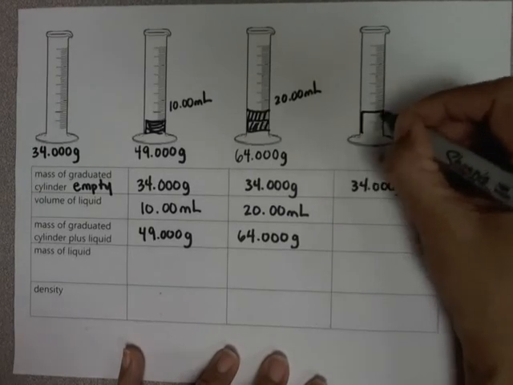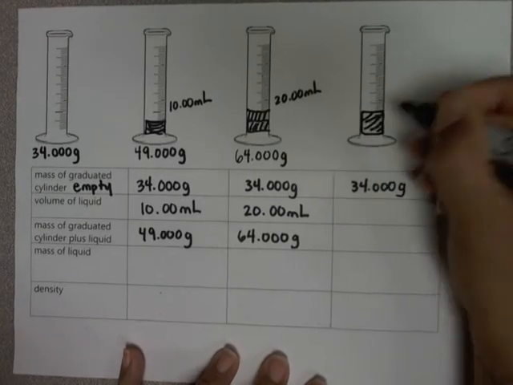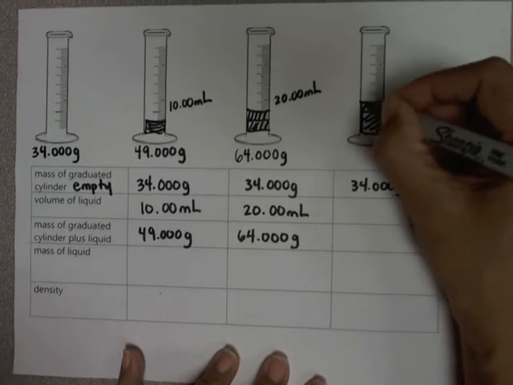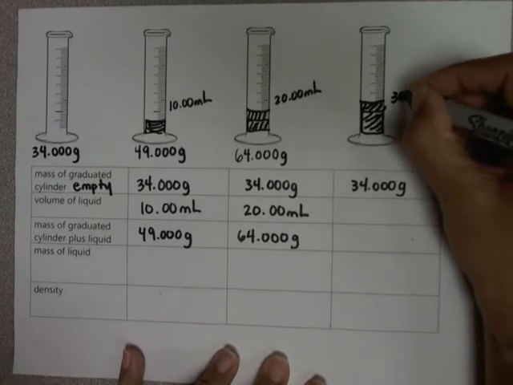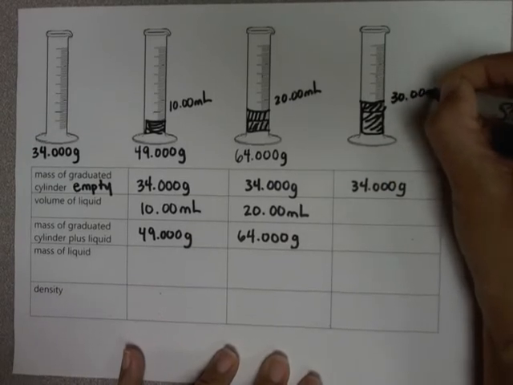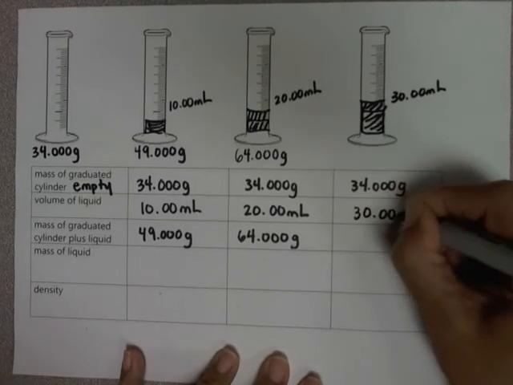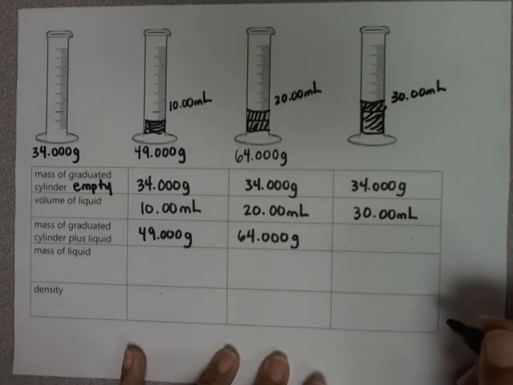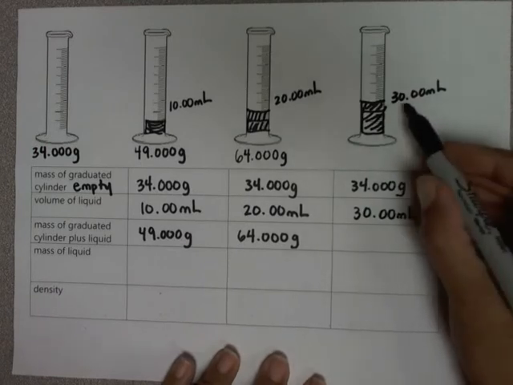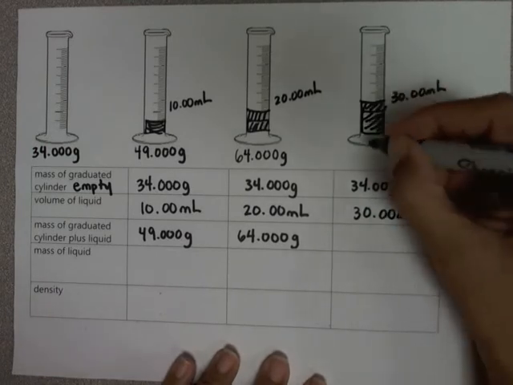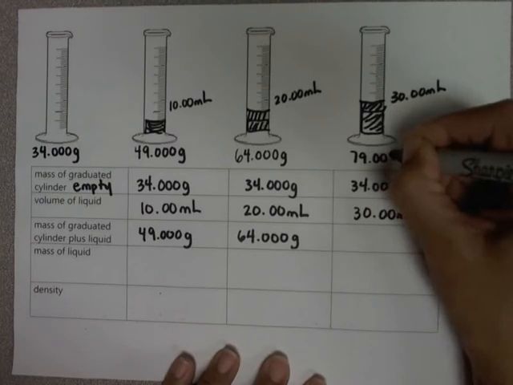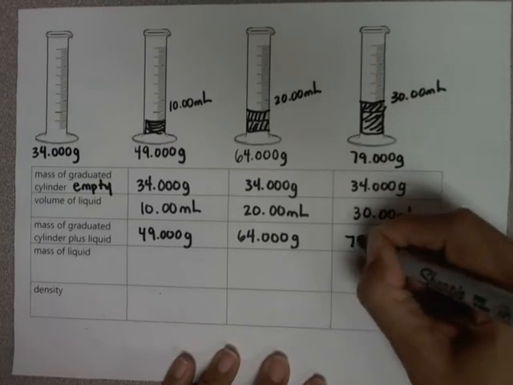Okay, now I add another 10 milliliters of liquid, and I have a total of 30 milliliters of liquid in my graduated cylinder. I find the mass of the liquid with the graduated cylinder, and let's say that's 79 grams.